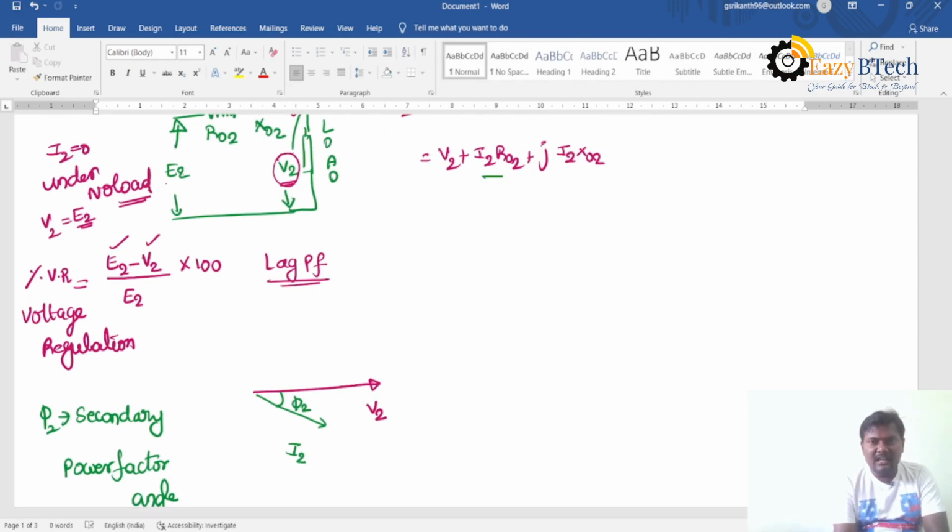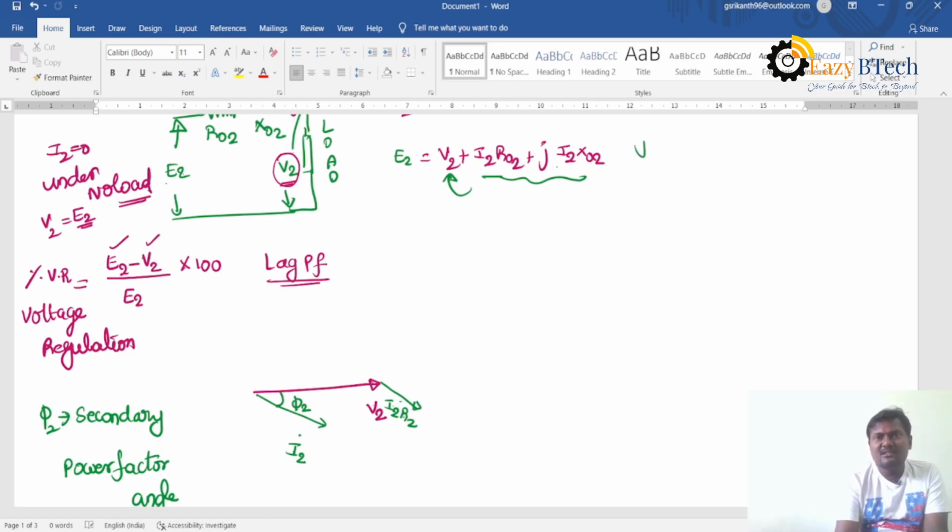See the equation. We are adding the I2 Z2 component to V2, then only I will get E2. So the I2 R2 component is added to V2. The I2 R2 component is the in-phase component, parallel to I2. What do you mean? It is not in phase with V2. This I2 R02 component is parallel to I2 because it is a resistive component.